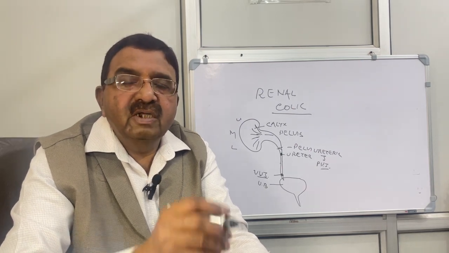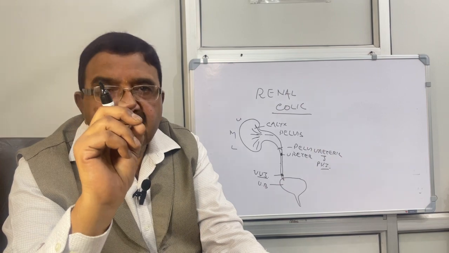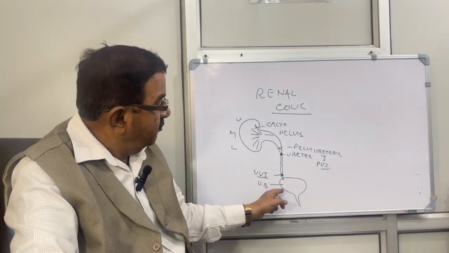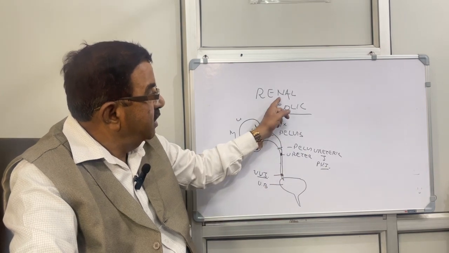So when calculi, single or multiple, are present anywhere in this urinary tract, they may cause renal colic.